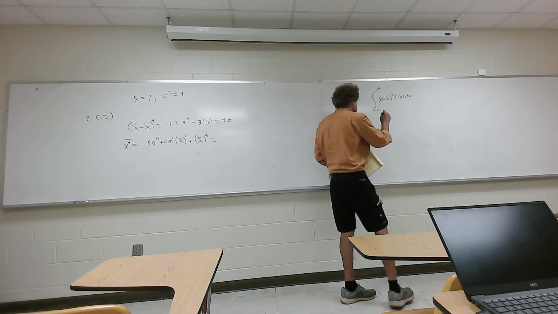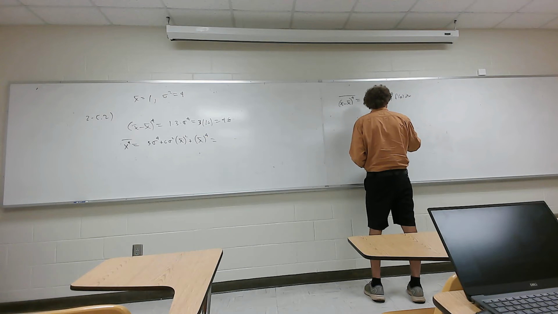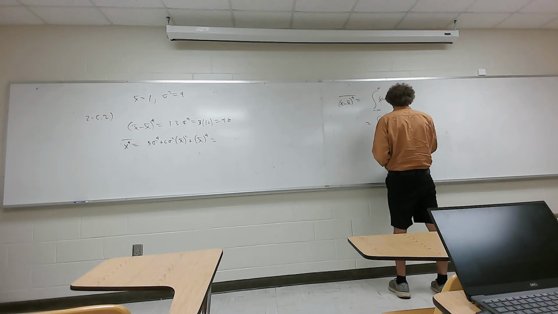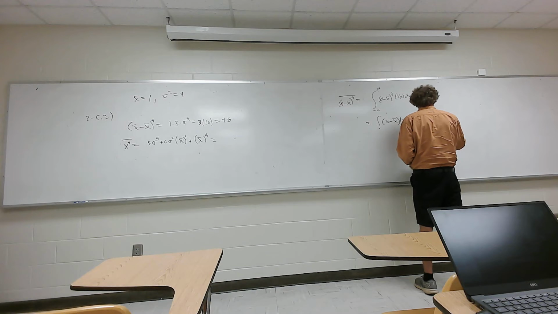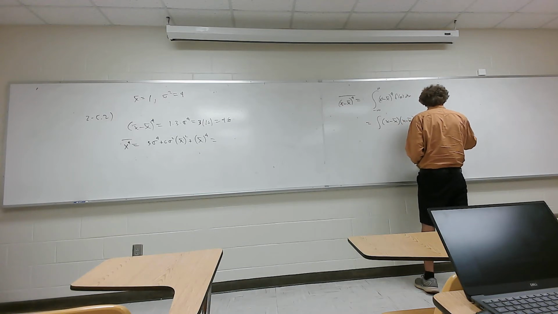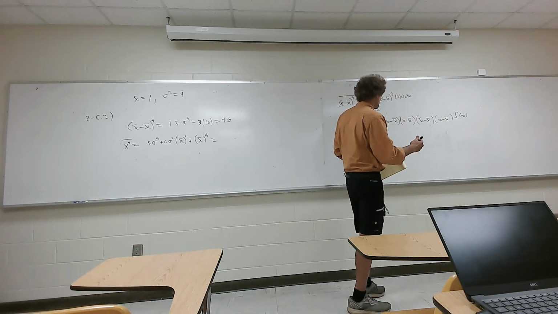If you expand it, you have the integral of x minus x bar times x minus x bar times x minus x bar times x minus x bar, f of x, and then you have a dx.